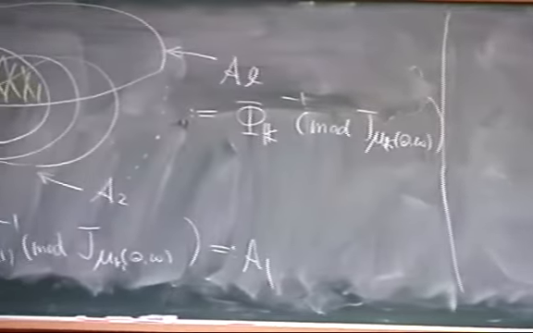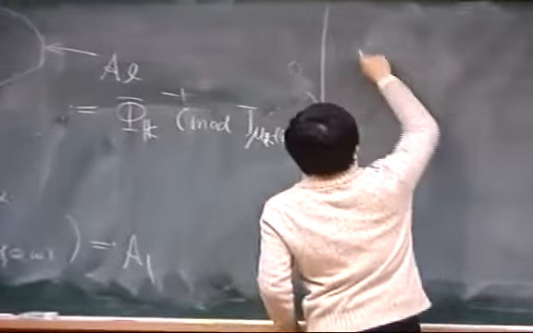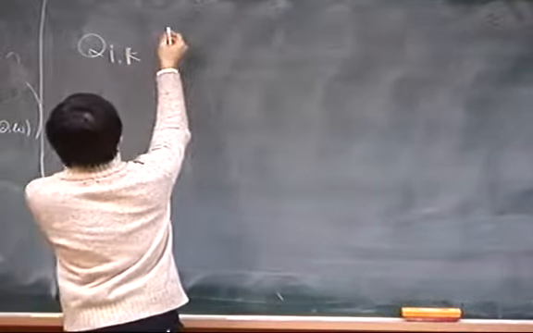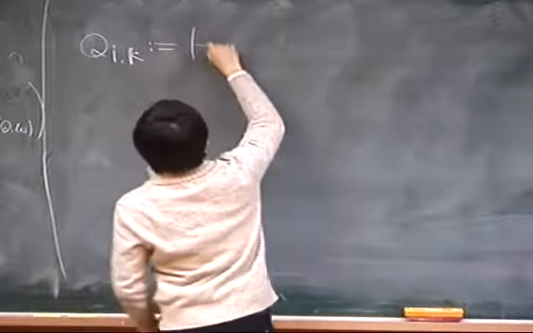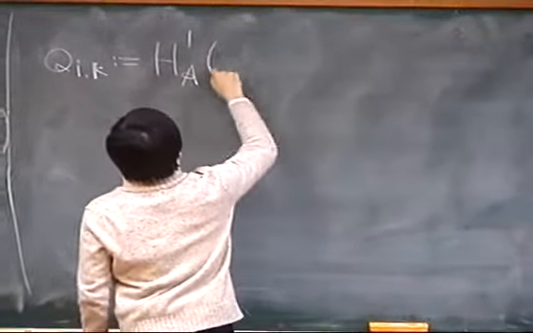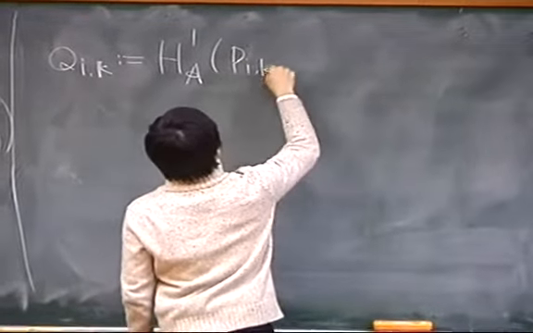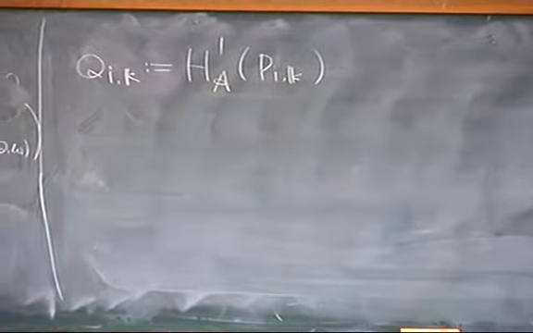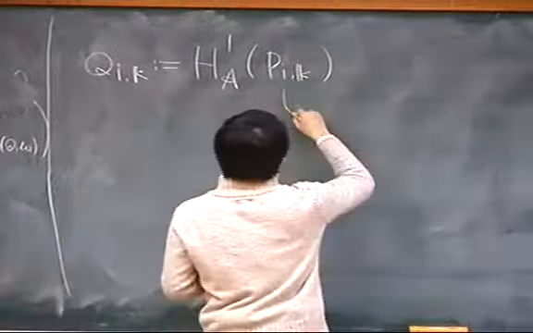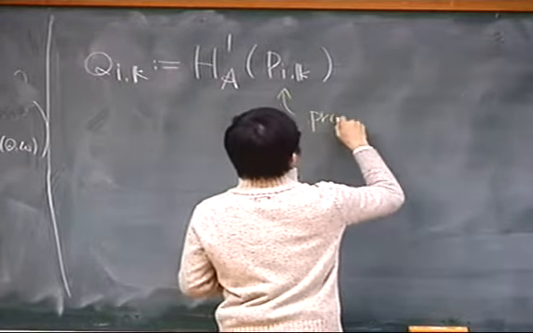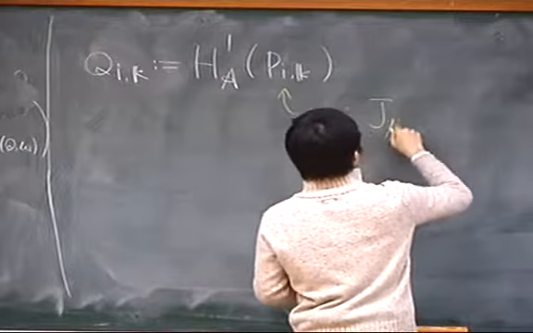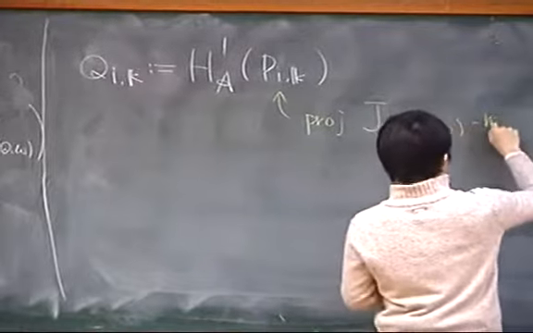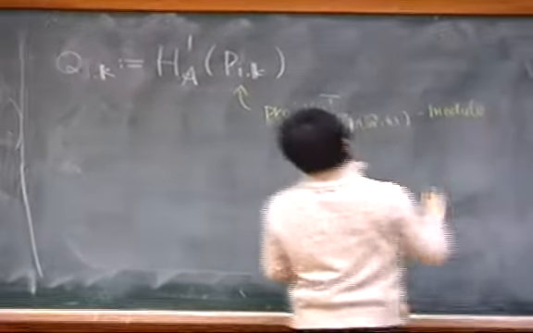Anyway, in order to describe the transformation formula, let Q_ik be the degree 1 cohomology of P_ik, where P_ik is the projective module over the Jacobi algebra over the mutated quiver.